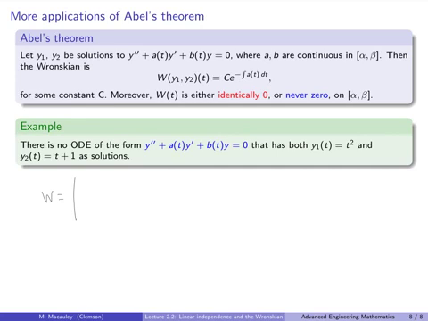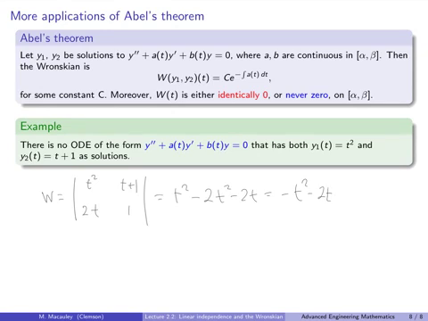So y1 in the upper left corner is t squared. Its derivative is 2t. y2 is t plus 1, and its derivative is 1. So the Wronskian here: t squared times 1 is t squared. And then we are subtracting 2t times t plus 1, that is 2t times t and 2t times 1. So that's t squared minus 2t squared minus 2t. And so this is minus t squared minus 2t.